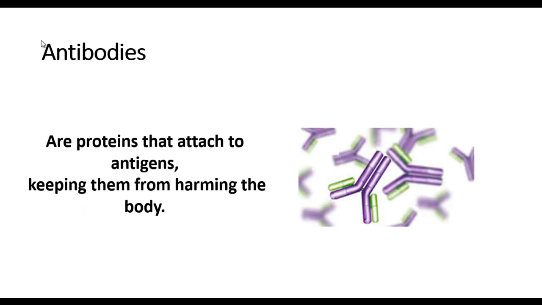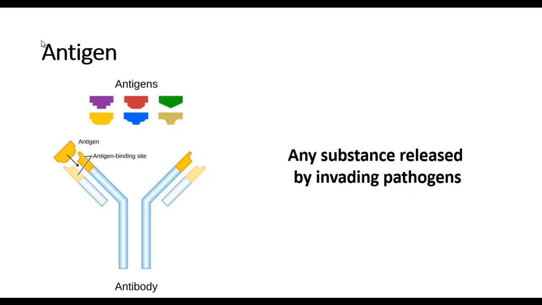All right, antibodies, as I stated before, are released to fight any pathogen. Pathogen is used to refer to anything that is infecting the body. A viral infection, a bacterial infection, all of them are pathogens. So antibodies fight pathogens. An antigen is released by a pathogen.